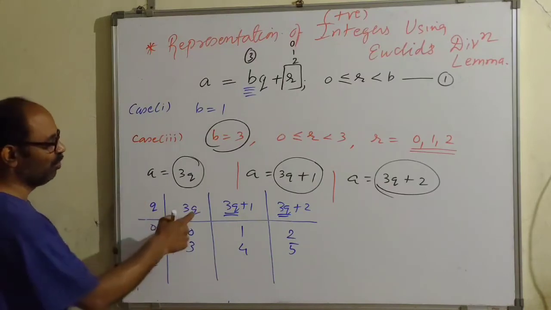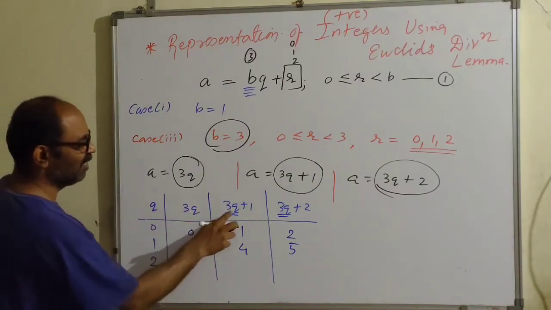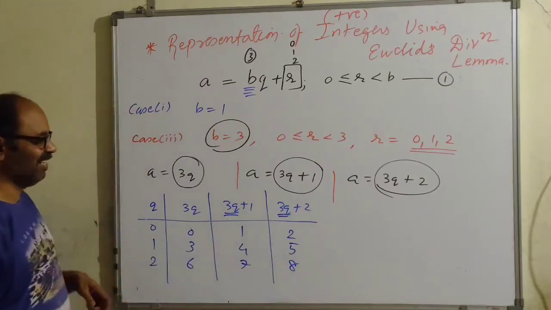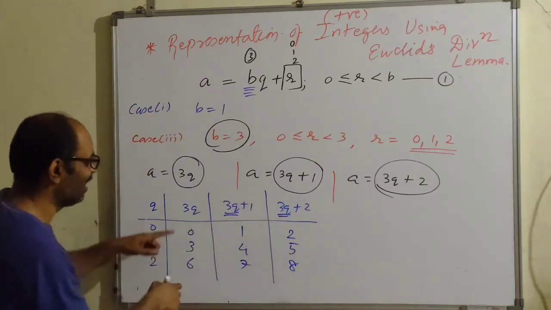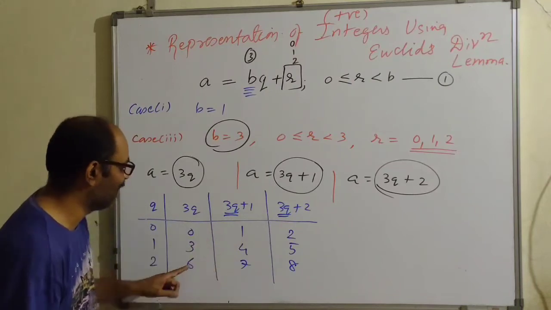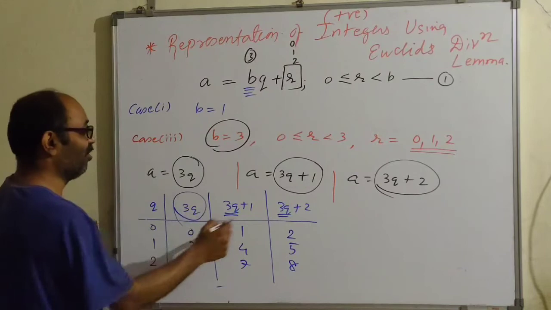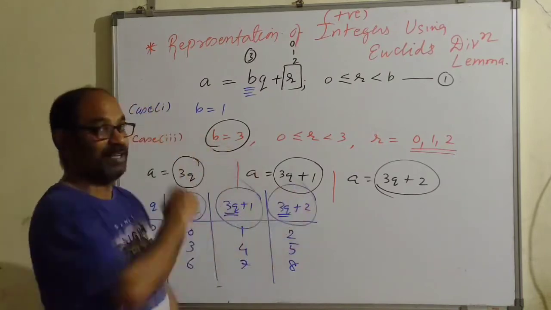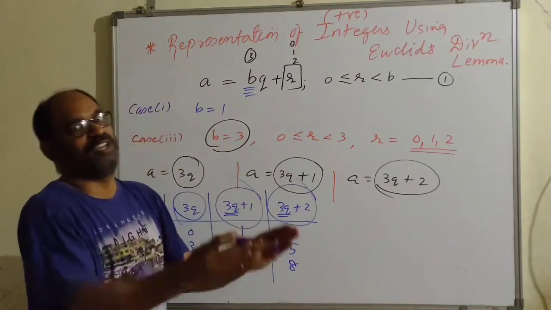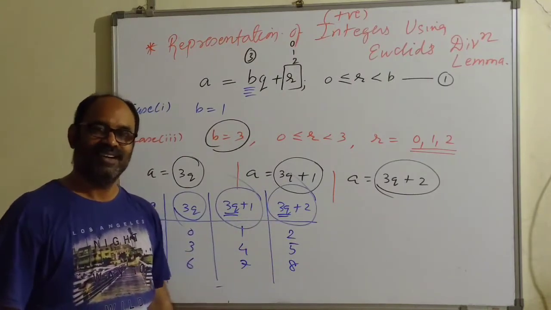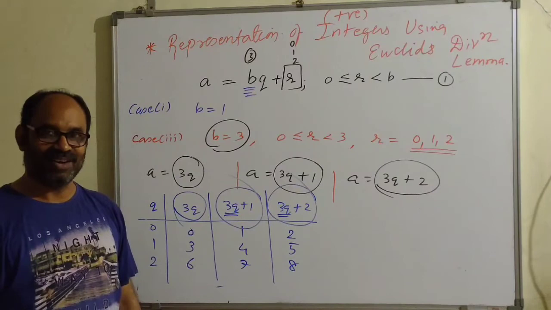Take Q equal to 2. 2 3s are 6, 6 plus 1 is 7, 6 plus 2 is 8. Children, aren't you getting all integers? 0, 1, 2, 3, 4, 5, 6, 7, 8. If you proceed further, you will get more integers. So 3Q, 3Q plus 1 and 3Q plus 2 is another way of representing positive integers. Are you getting me?